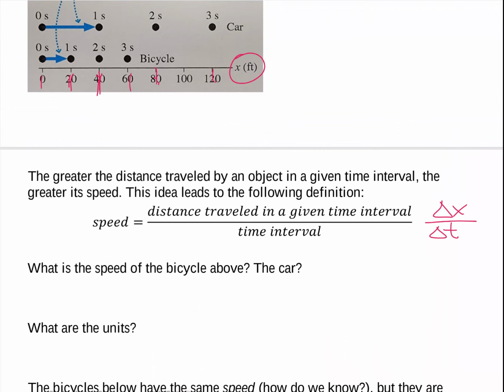So let's just say it went this far, which is 60 feet, divided by the time interval in that distance that it traveled. Would it be 3 seconds? 3 seconds. So divided by 3 seconds, and that would reduce down, and we have 20 feet per second for the bike.